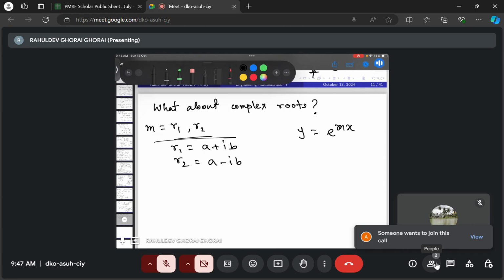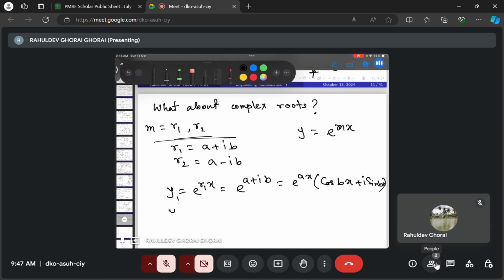Now r1 is a + ib, so the solution y1 corresponds to e^(r1 x), which is e^((a+ib)x). That implies e^(ax) times e^(ibx), that will be cos bx + i sin bx. So y2 will be similarly e^(ax)(cos bx - i sin bx).